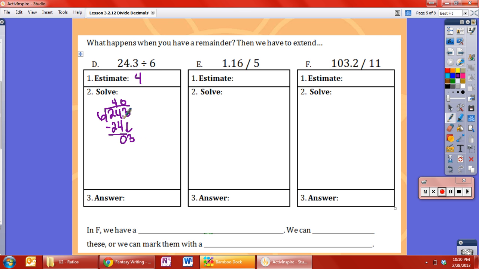So my decimal's right here. What if I, instead of doing 6 into 3/10, did 6 into 30 hundredths, which is the same thing, but gives me this 0 that I can look at. Because 6 goes into 30 5 times exactly. And then I have 0 left over. And my estimate's a little more than 4, so this is where my decimal belongs.